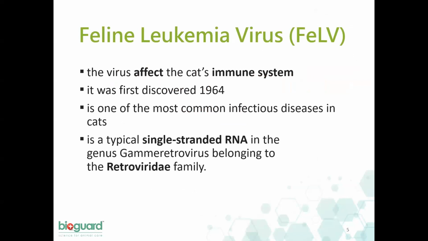This virus may induce depression of the immune system, anemia, and lymphoma. It was discovered in 1964 in cats with leukemia, or cancer of the white blood cells. It is one of the most common infectious diseases in cats, affecting between 2% and 3% of all cats in the United States. The virus is a single-stranded RNA virus in the genus Gammaretrovirus belonging to the Retroviridae family.